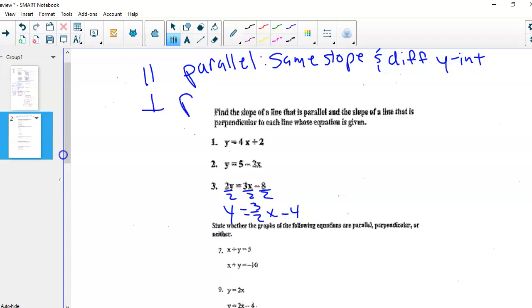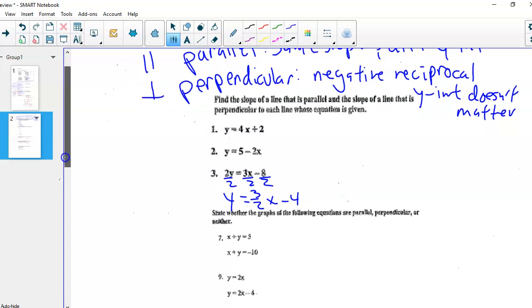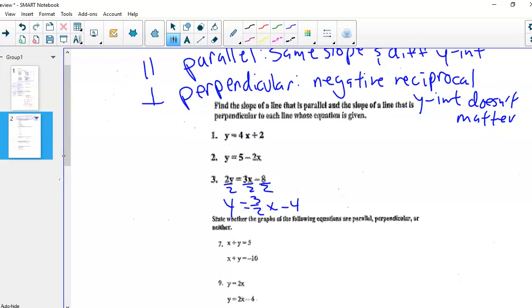For perpendicular, what do we know about the slopes? They're negative reciprocal slopes, and then the y-intercept doesn't matter. So just so we know that. Because I don't have a lot of space, I'm going to write this like this.